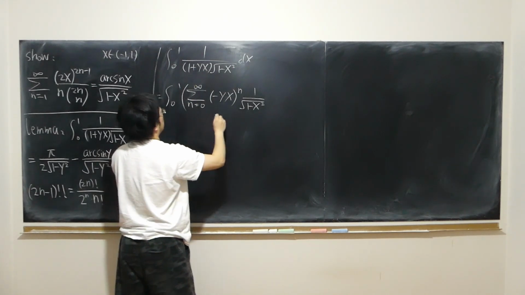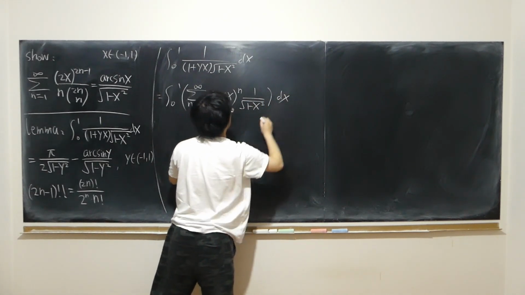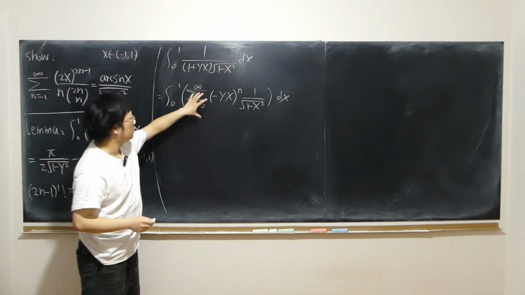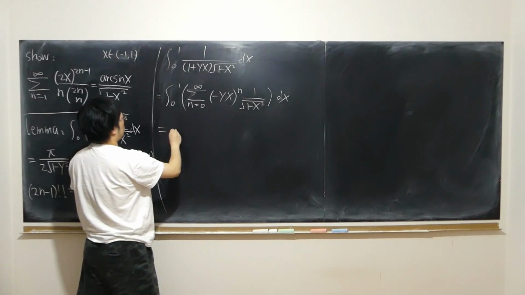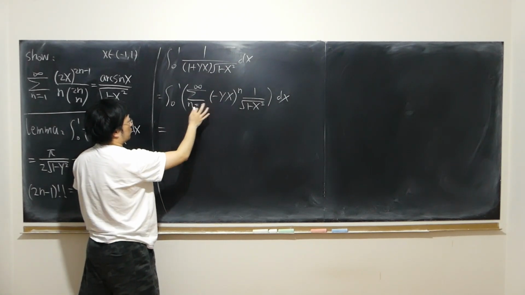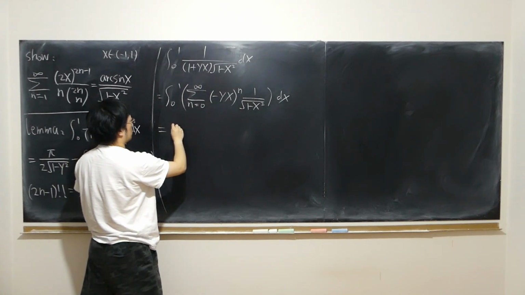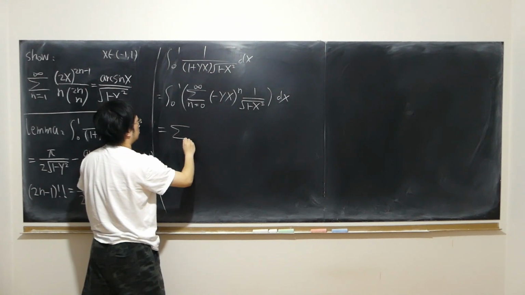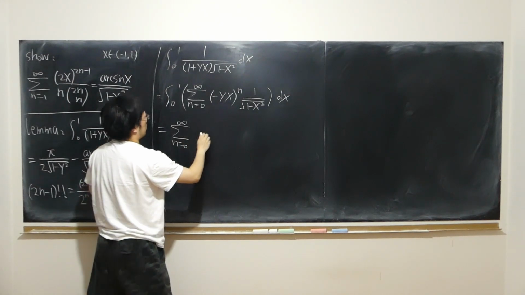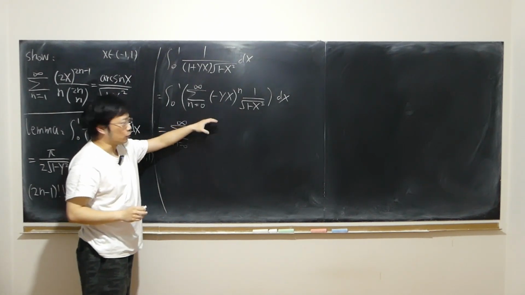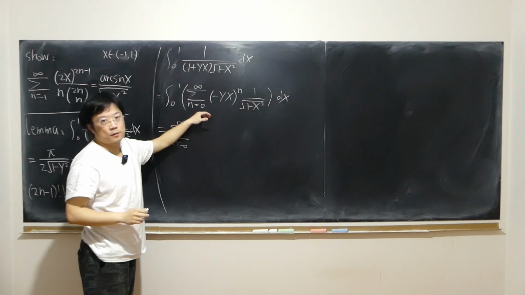So first we do the summation, then we do the integration. Here I'm going to switch the order of infinite sum and integration. A long story short, in this case it's totally legitimate and justifiable.